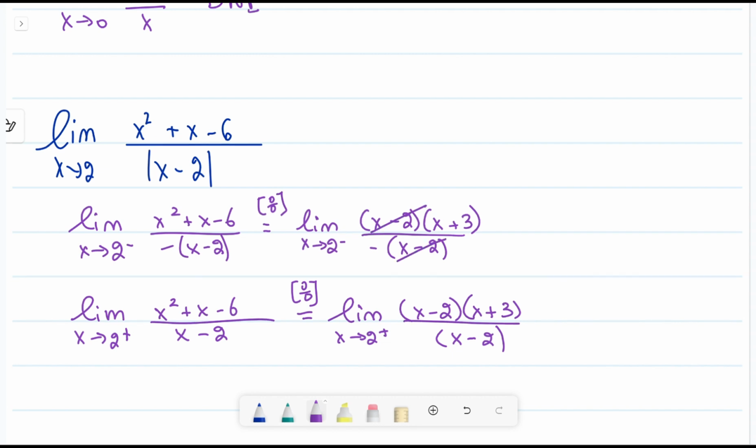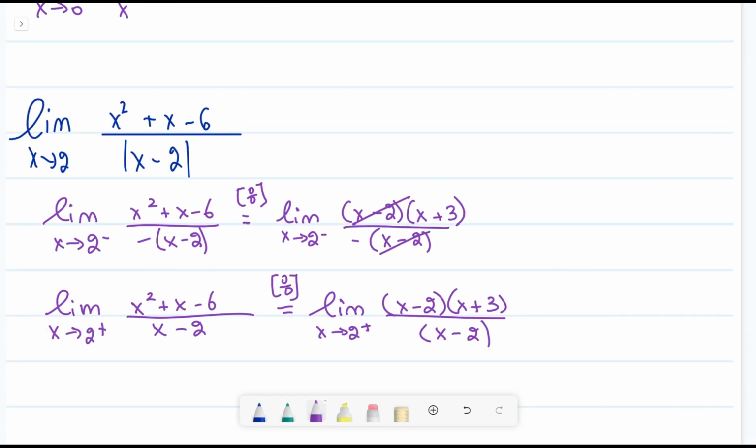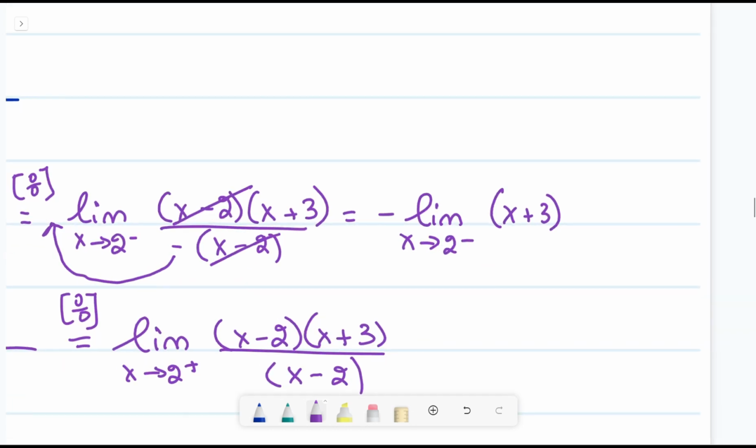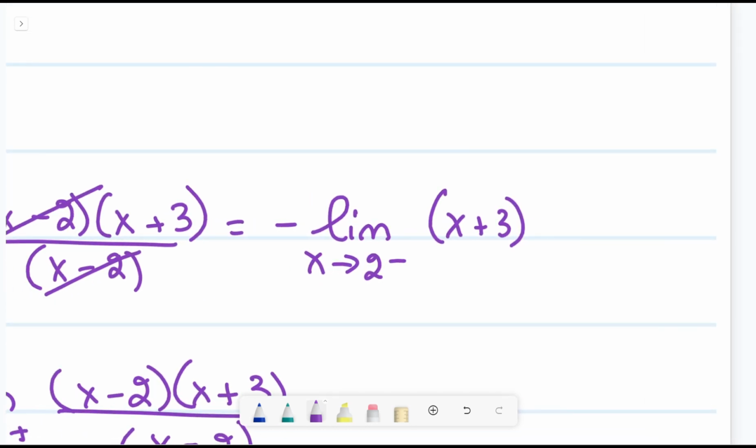And let's work with the left-hand sided limit. We cancel out the x minus 2. And we have a constant. We can take it outside the limit. This gives negative limit of x plus 3 as x approaches 2 from the left. So now we might try to plug in 2 plus 3. So this gives us negative 5.